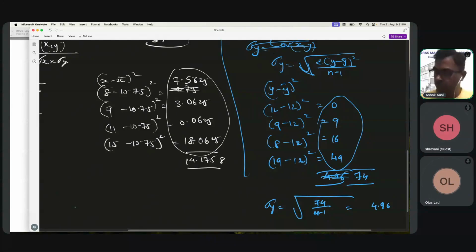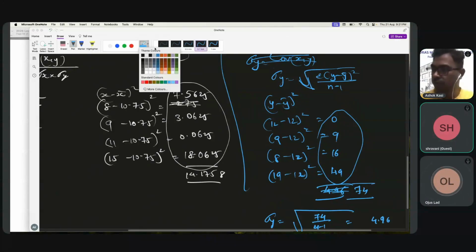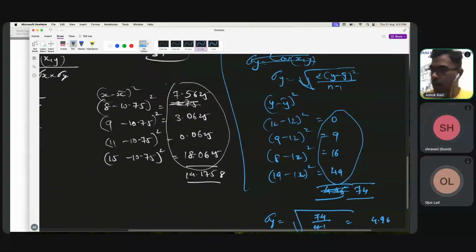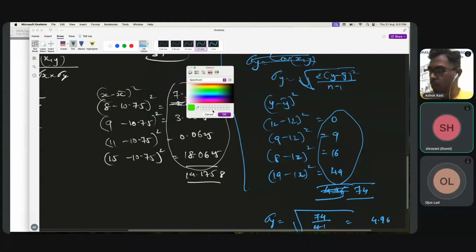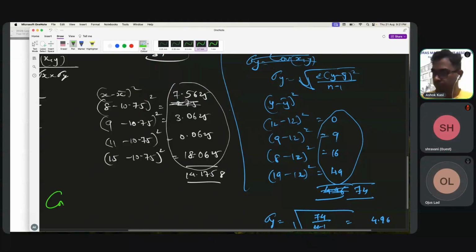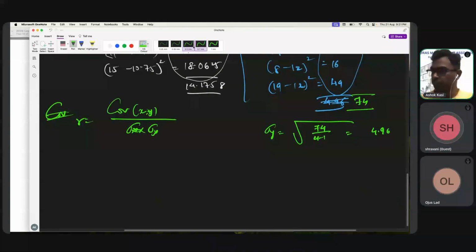Okay, so now not covariance, correlation. Covariance divided by standard deviation of x, standard deviation of y. Standard deviation of y is 4.96.